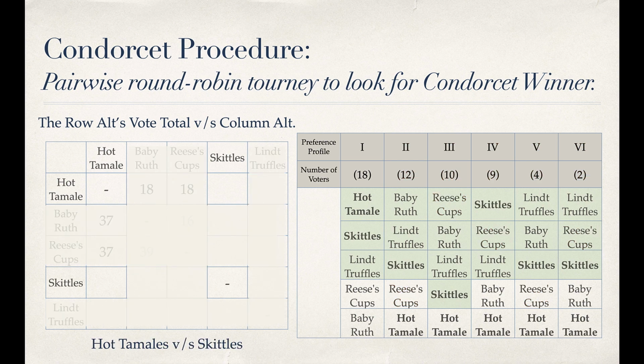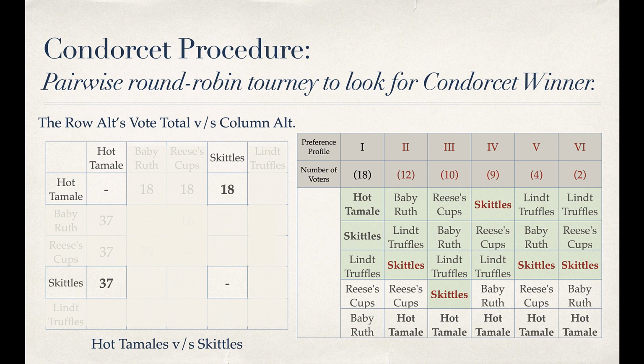Next, we're going to do Skittles versus hot tamales. I've already bolded hot tamales and Skittles. This group prefers hot tamales to Skittles, and these other five groups prefer Skittles to hot tamales. So it shouldn't be any surprise that we get 18 for hot tamales and 37 for Skittles.